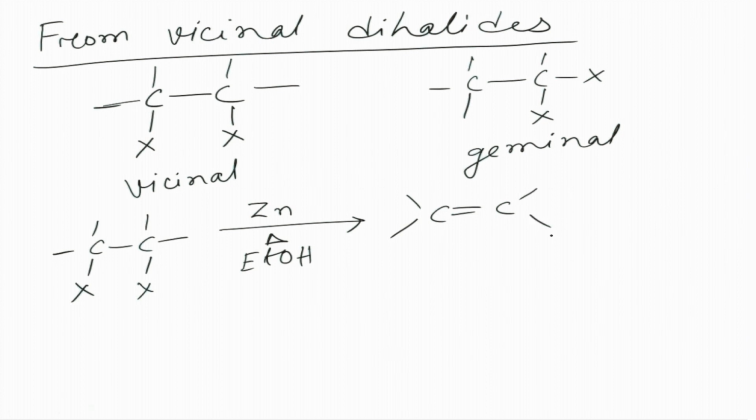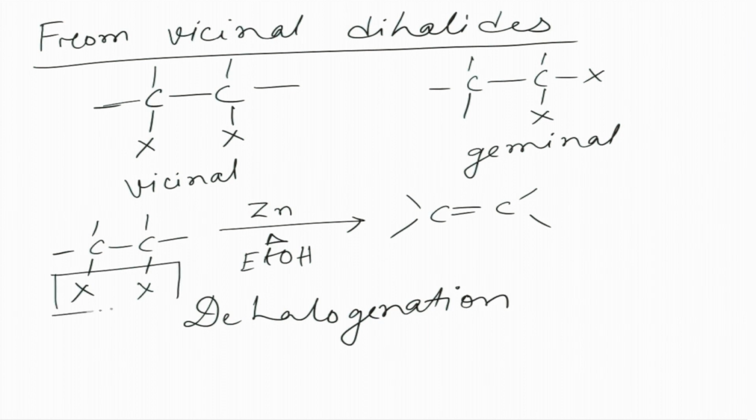This method is called dehalogenation. Why dehalogenation? Because two halide ions are being liberated, that is, we can consider that X2 is being liberated. And as a side product, we get a zinc salt with these halides. So this is called dehalogenation. Now we will see its mechanism.